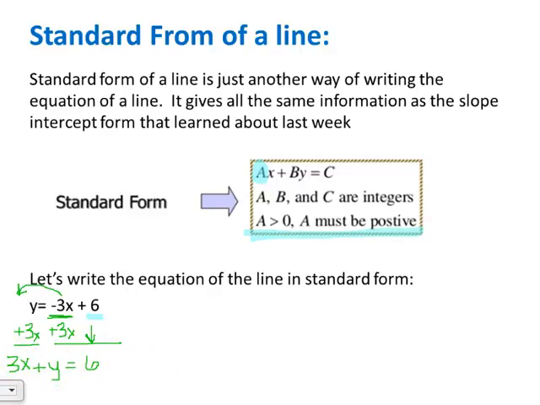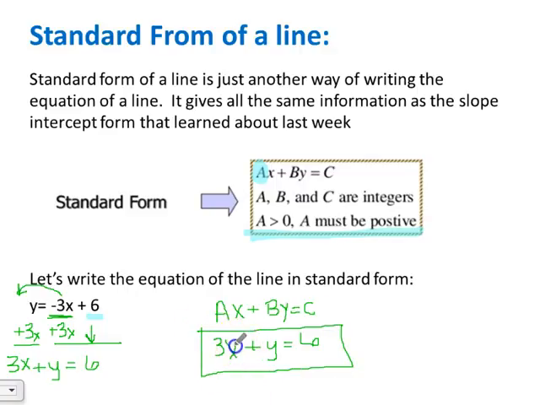Is that in standard notation? Remember, standard notation is ax plus by equals c, where a and b we represent with numbers. So we've got 3x plus y equals 6. That is now in standard notation because we've got the variable terms on one side of the equation and the constant term on the other side.